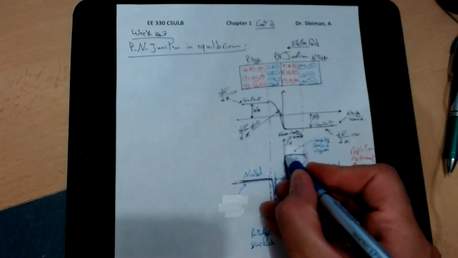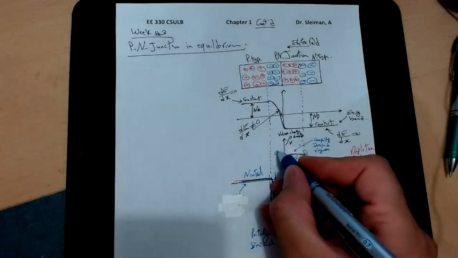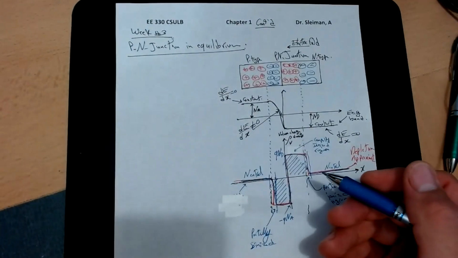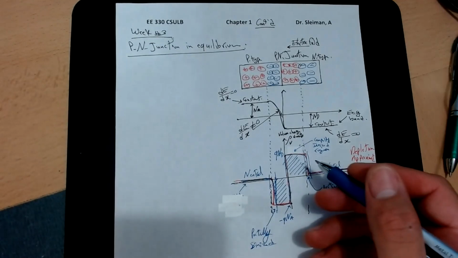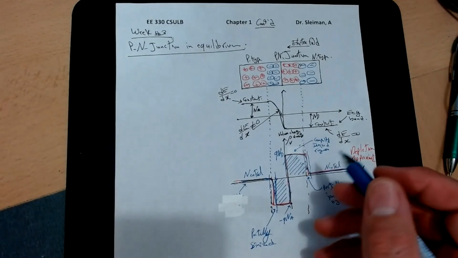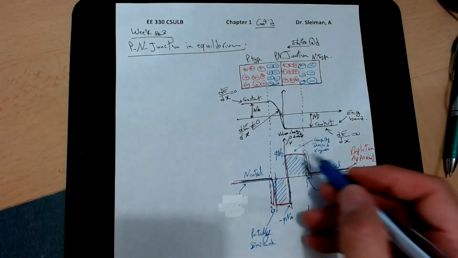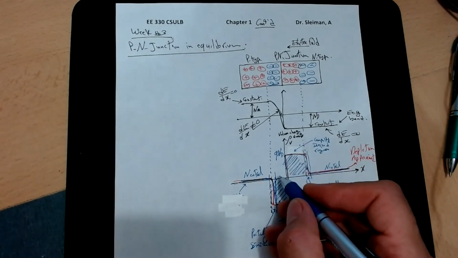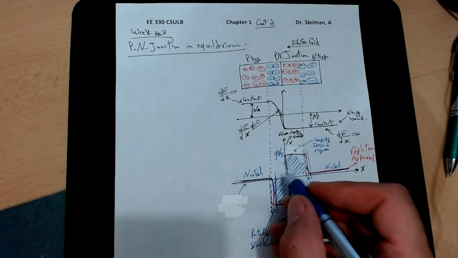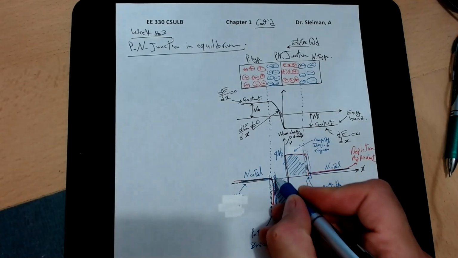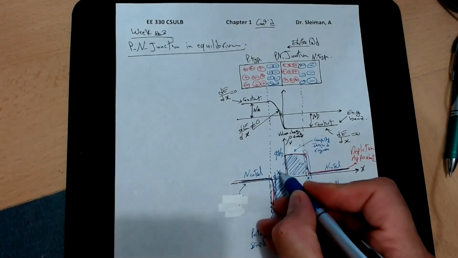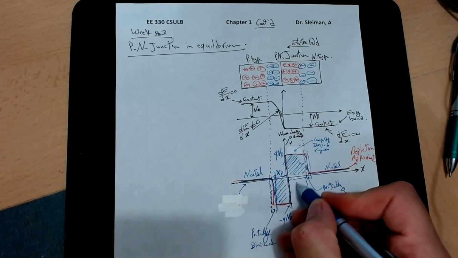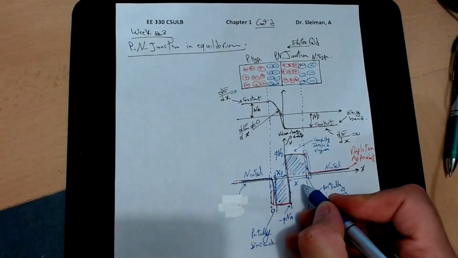Also this is qND, the charge multiplied by the doping concentration on the n-type. As I said, this region should be equal to this region. So this is XP and this is XN.